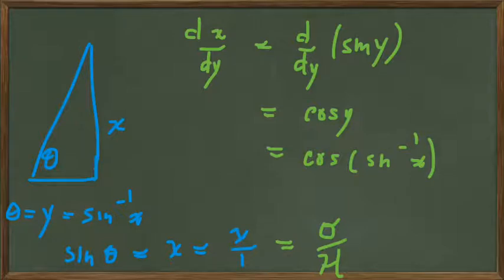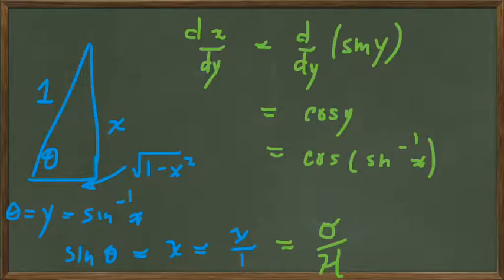And so the opposite we've got as x, and we're going to put the hypotenuse as 1, and that makes this bottom side of the triangle, by the Pythagorean theorem, the square root of 1 minus x squared.